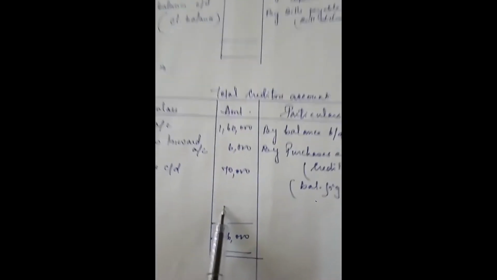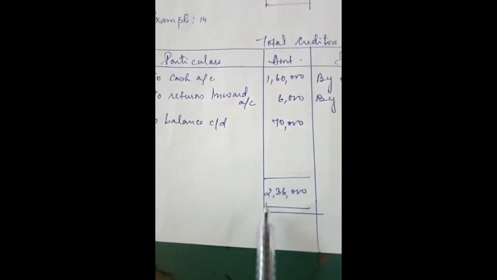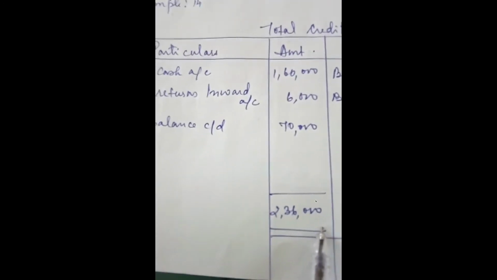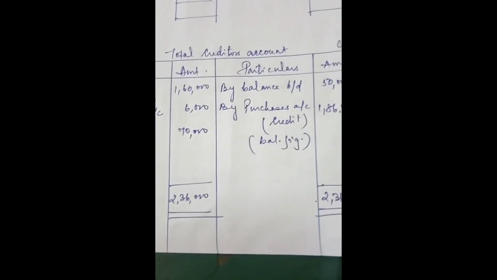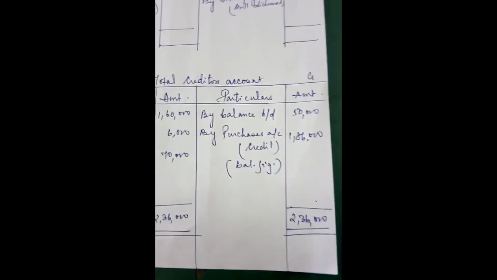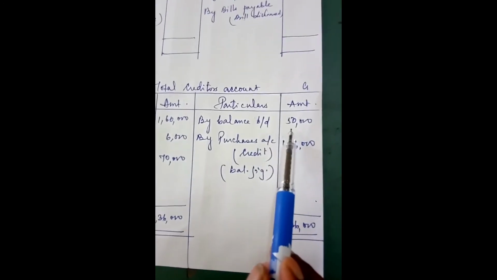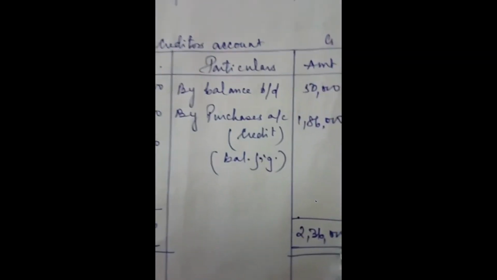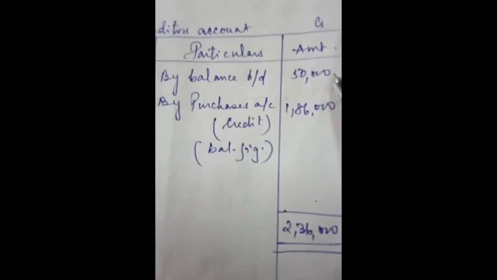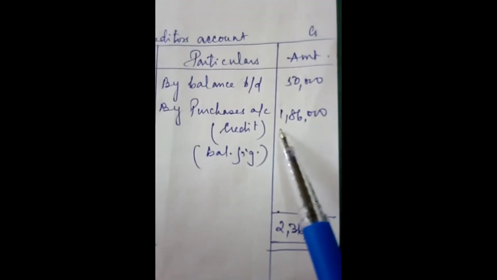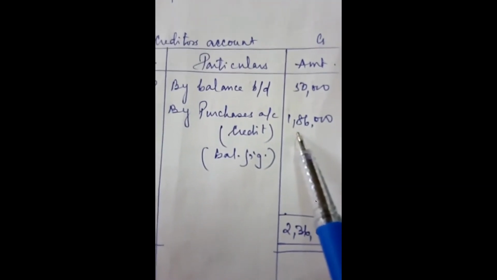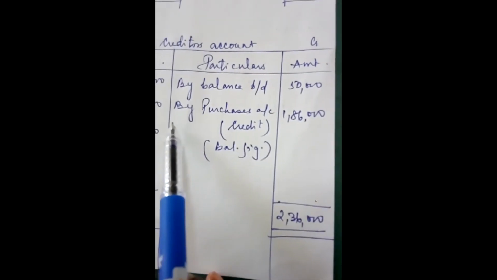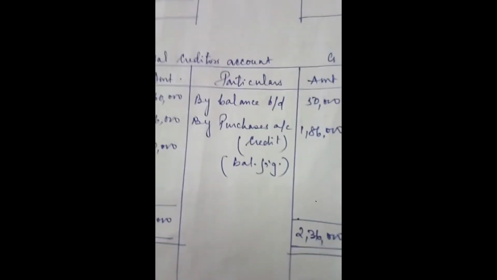Now when we total up this side, we get 2,36,000. Then on the credit side, only the balance 50,000 will be there. So from 2,36,000 you minus 50,000, you get 1,86,000. That is your purchases, which is credit.